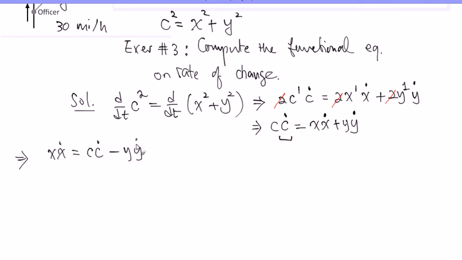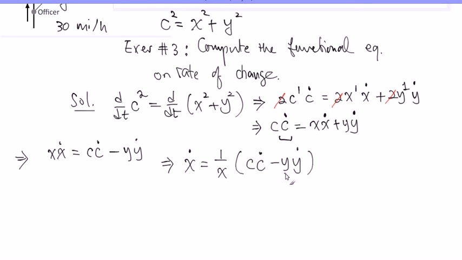Is that right? If you subtract y dot from both sides, then you solve for x dot. So x dot is 1 over x times c dot minus y dot. Alright? c is the distance at one instant, and c dot is how fast the hypotenuse is changing.